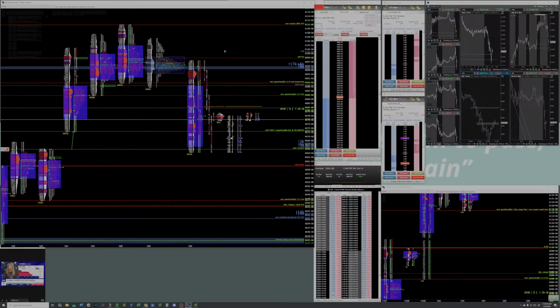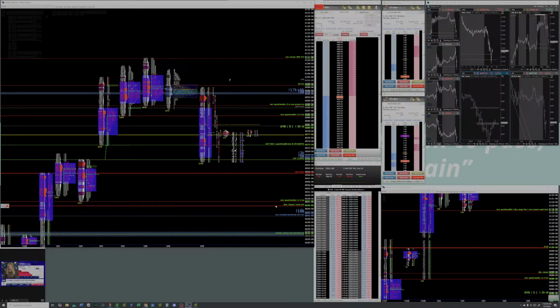I had this 60-40 here, which is this very prominent no-revisit overnight POC from Sunday after Black Friday.